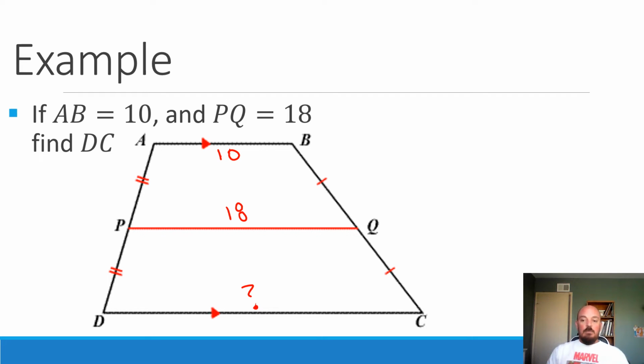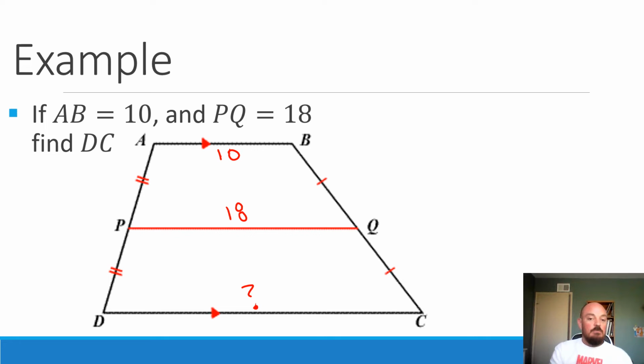Now, you might be able to figure this out on your own, but what I want to do is show you the pure, rigid mathematical way to do it by setting up an equation, just so that if the question gets harder, you'll have that to fall back on. So let's do that. My rule is, if I add up the two bases and divide by 2, I'll get the midsegment.